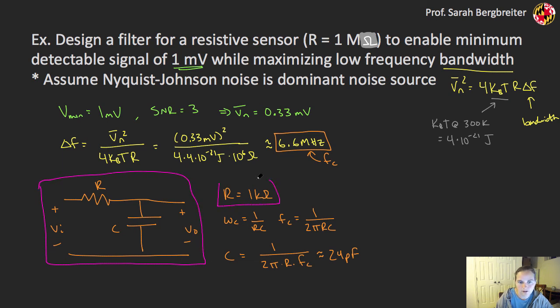I've chosen this value for my resistance, and I've calculated this value for the capacitance. That will give me a corner frequency of around 6.6 megahertz, right? And ultimately that will mean that I will get a noise level in my system of about 0.33 millivolts, which means that I can have a minimum detectable signal of a millivolt.